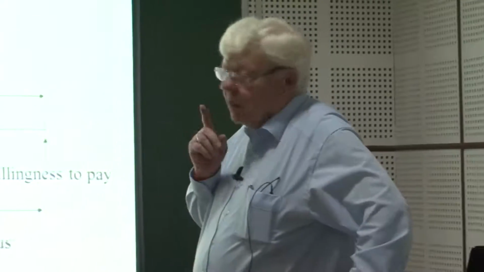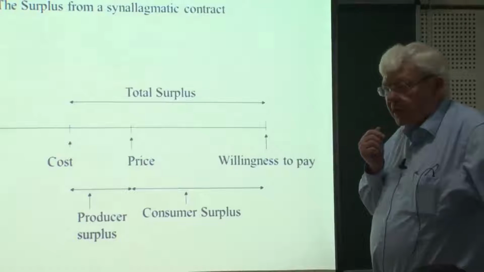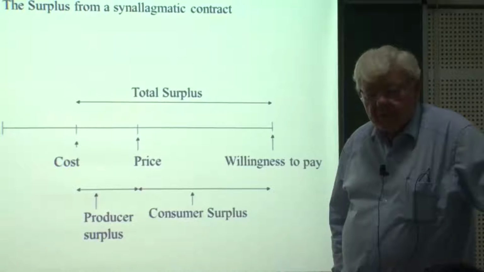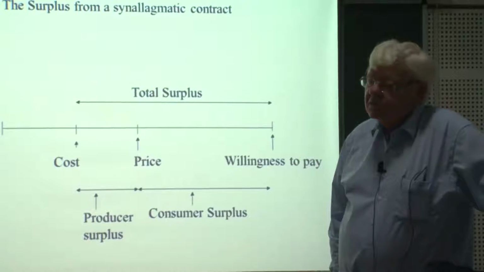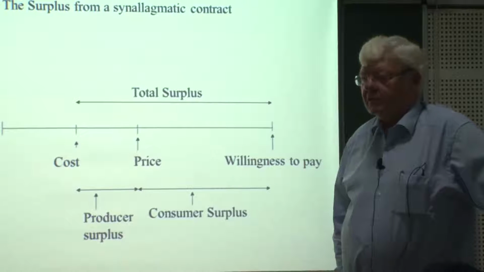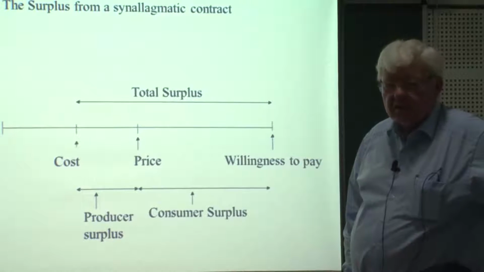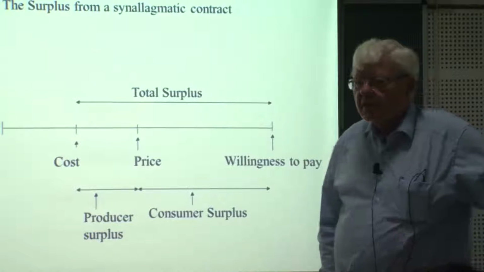Now, my question is now, how much must a second buyer offer? Which price must he offer to the seller to induce the seller to breach the contract under the expectation damage rule? Yes?